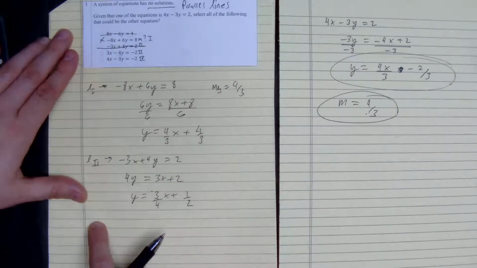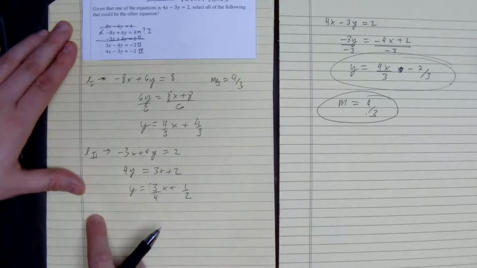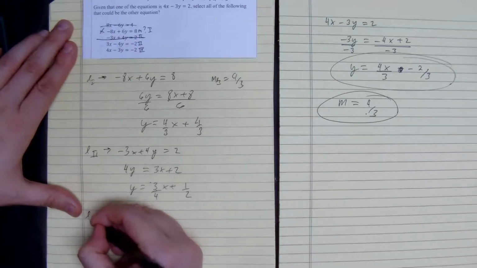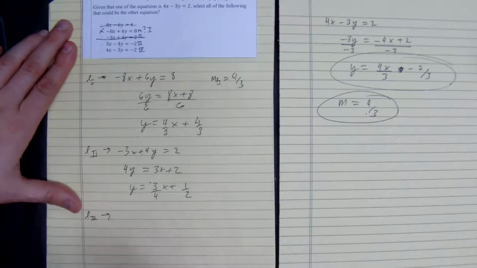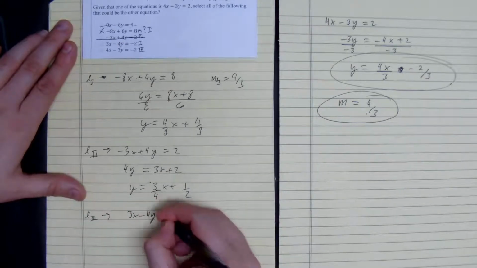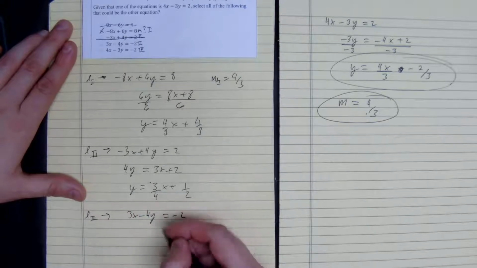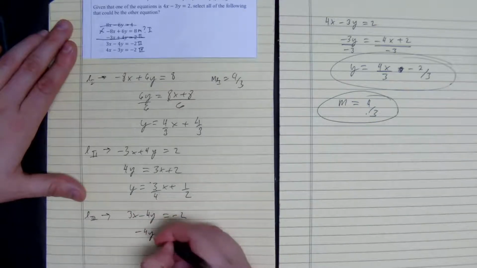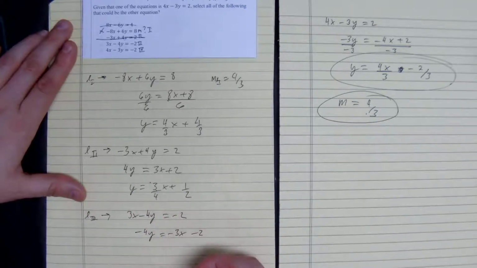Let's do it again for line 3. So we have line 3, which is 3x minus 4y equals negative 2. When we subtract the 3x over, we get negative 4y equals negative 3x minus 2.